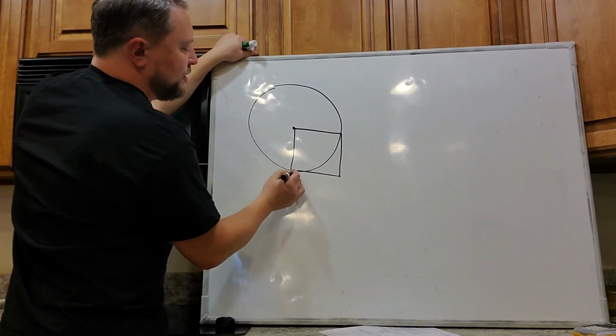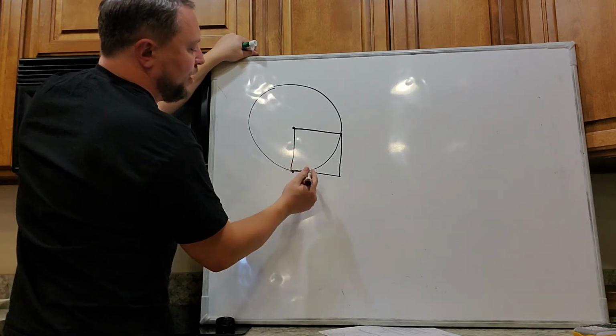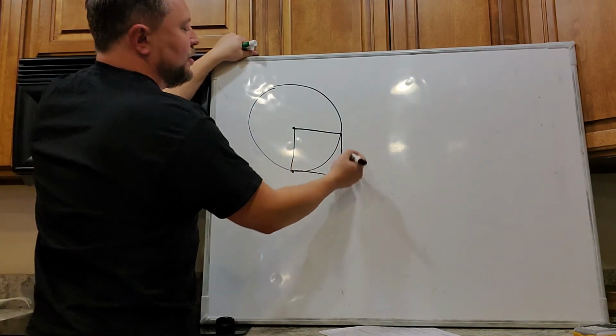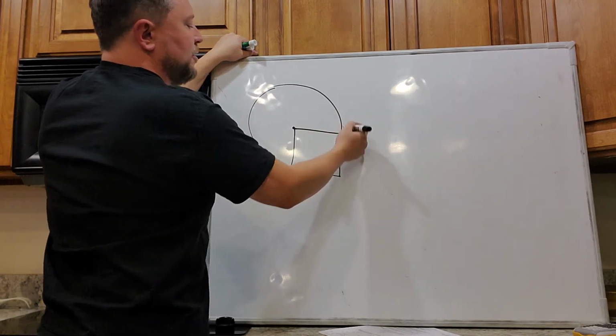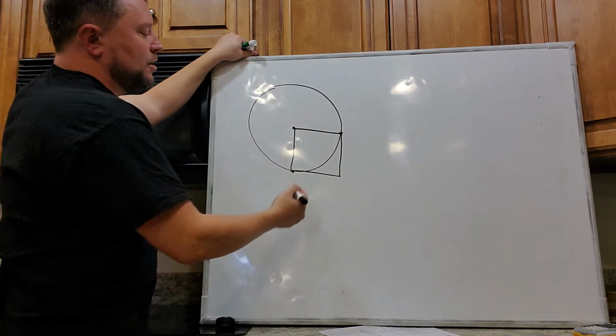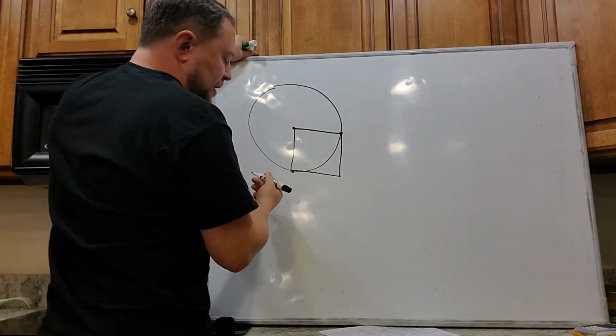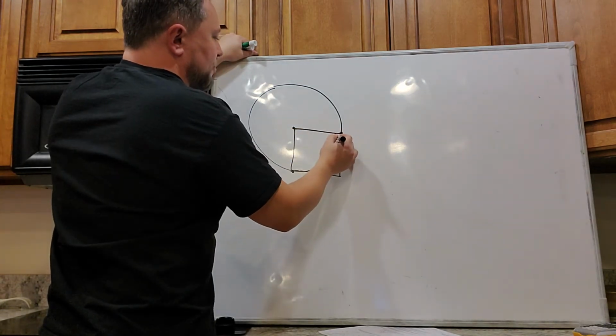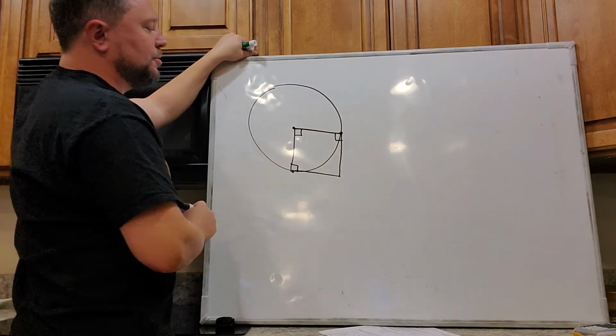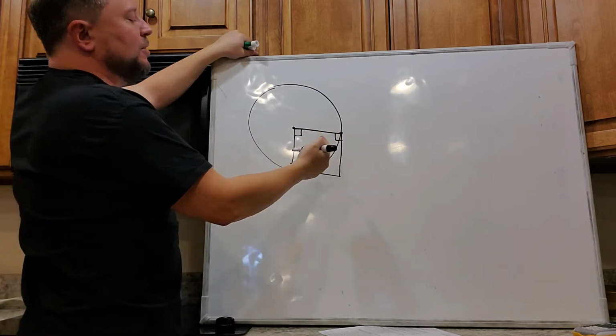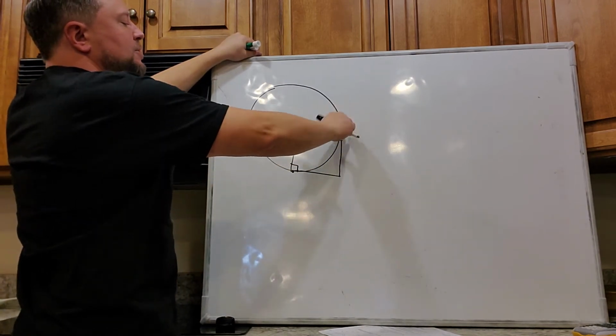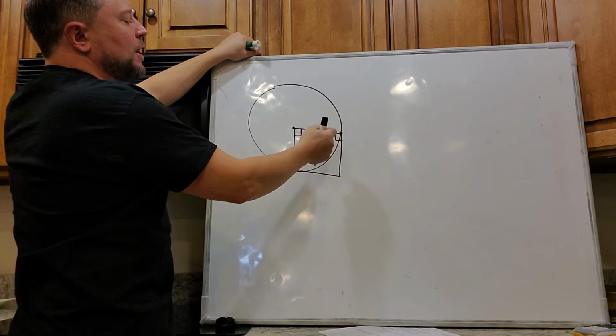See how this comes down and just hits at this single point down here? That's a tangent. See how this one comes up and hits right there? That's a tangent. If I told you that these were all right angles, that would emphasize it even more, because remember, a tangent meets a radius at a right angle.